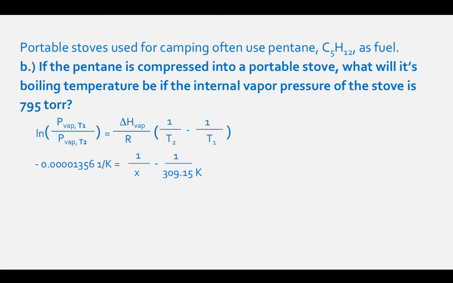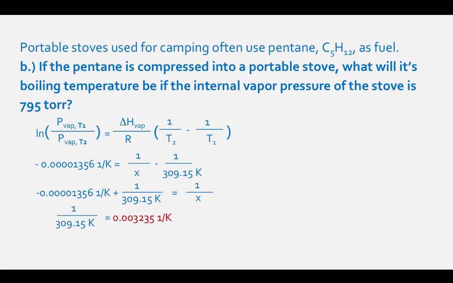Now to solve for our unknown temperature, take the 1 divided by x to its own side of the equation by adding 1 divided by 309.15 degrees Kelvin to both sides of the equation. 1 divided by 309.15 degrees Kelvin equals 0.003235 plus a negative 0.00001356 equals 0.003221, 1 over Kelvin.